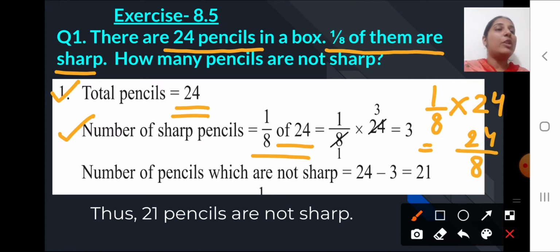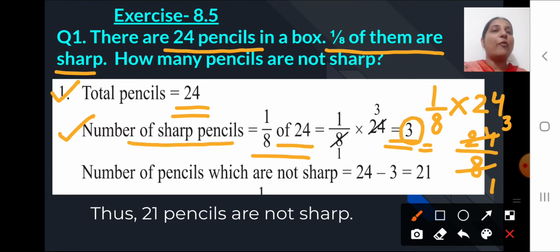Now we will reduce it to the lowest term. We already know 24 comes in the multiplication table of 8. So 8 ones are 8 and 8 threes are 24. So we will get 3 here. That is, the number of sharp pencils is 3. Now what do you have to find out? You have to find out how many pencils are not sharp.